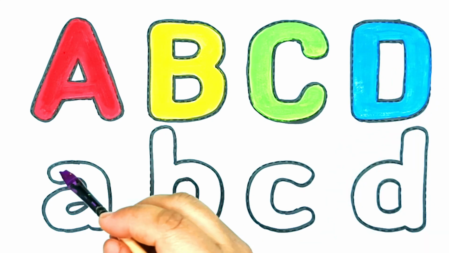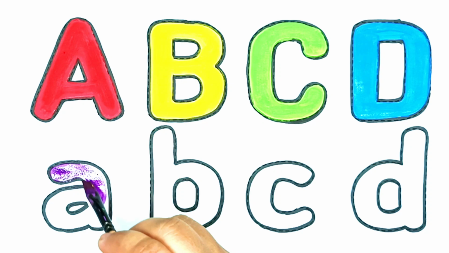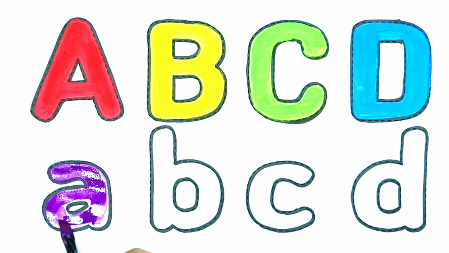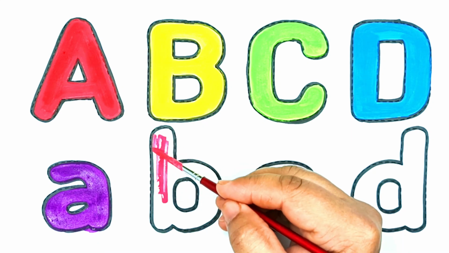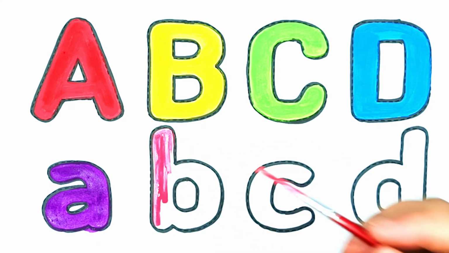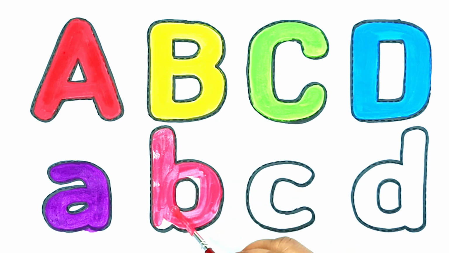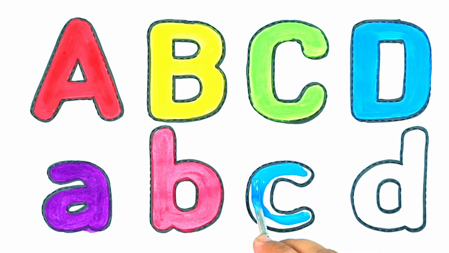D is for duck. A is for ant. B is for ball. C is for carrot.